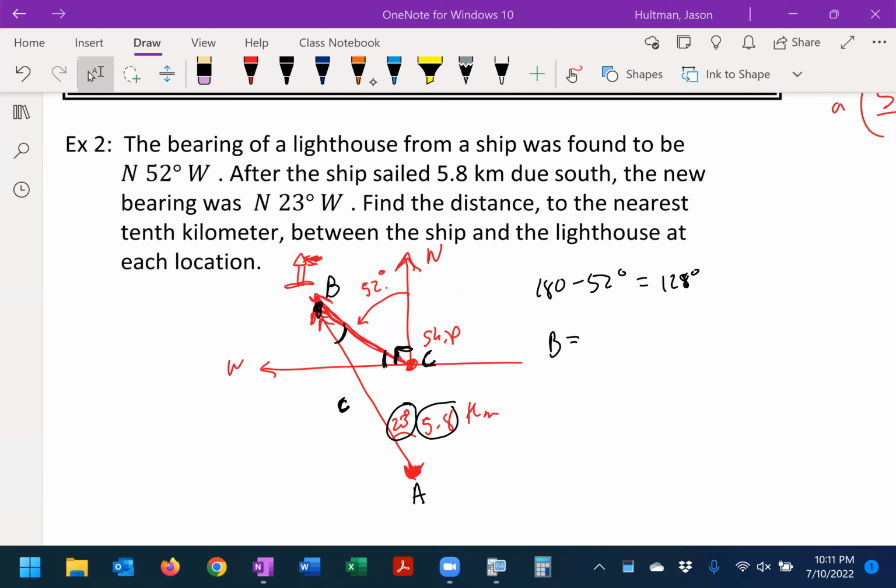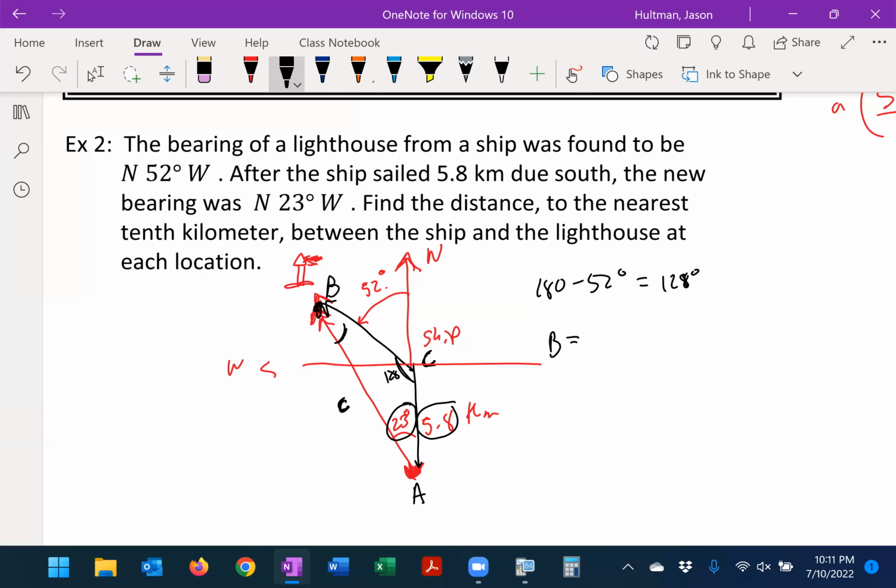Okay. So once again, we have this thing here, and the whole thing is 128, not just this little piece. I'm just going to draw the thing over again. There's the bearing from that guy. So this whole angle here is 128 degrees.